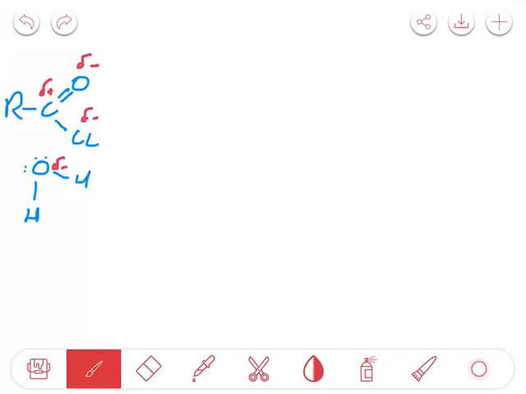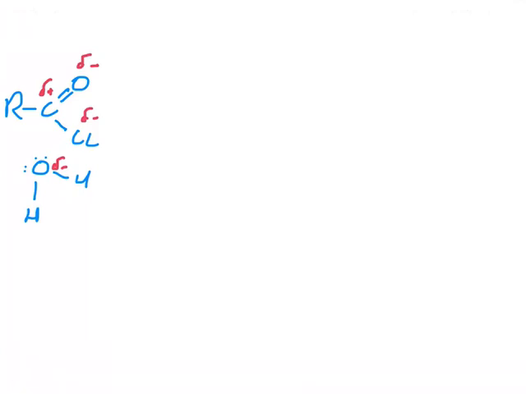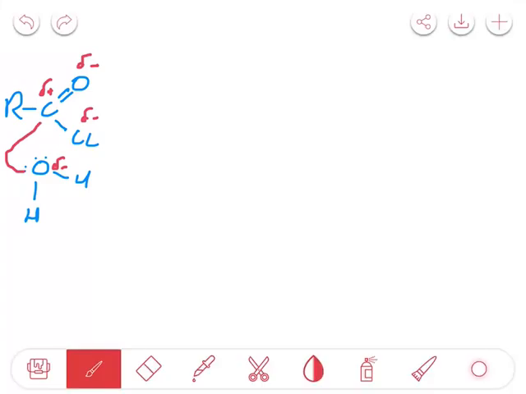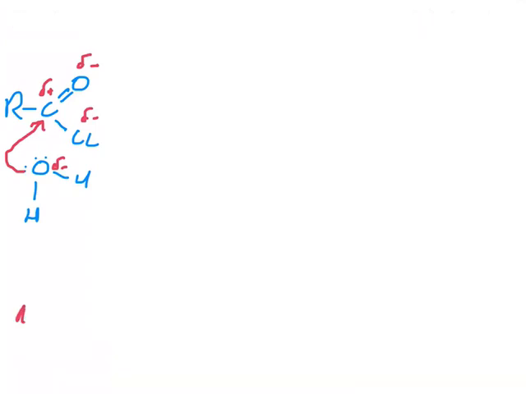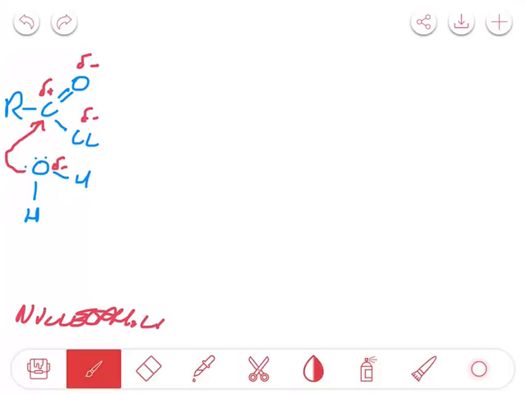So what we've got is the δ minus oxygen in water being attracted to the δ plus carbon in the acyl chloride, and that is our first curly arrow, from the lone pair there to the δ plus carbon. Because it is donating a pair of electrons to form a dative covalent bond, the water is behaving as a nucleophile. So this type of reaction is nucleophilic.